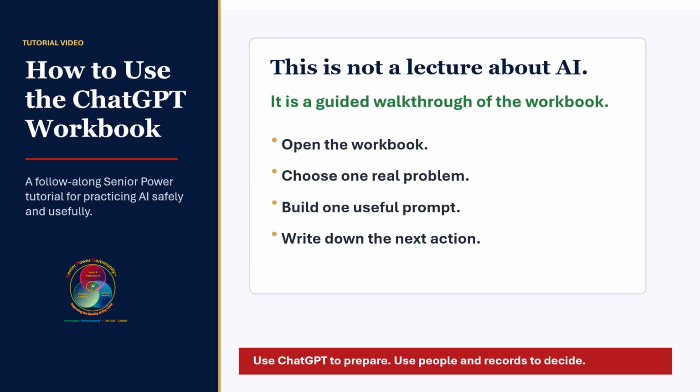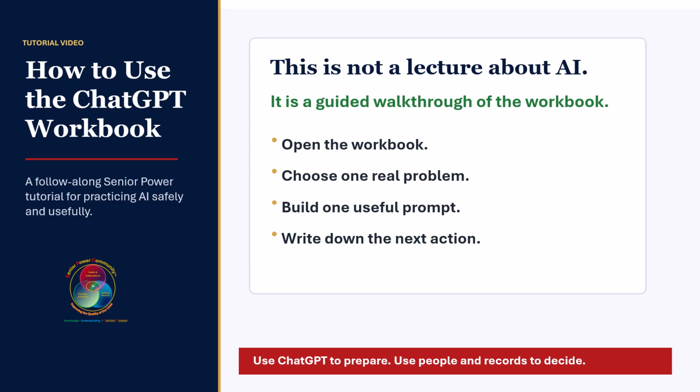ChatGPT, remember, is not here to make decisions for you. The workbook is not here to replace your own judgment. The purpose is much simpler and much more useful and, dare I say, much stronger. It's to use ChatGPT to help you organize your thoughts, ask better questions, prepare stronger messages, and slow things down before you act.